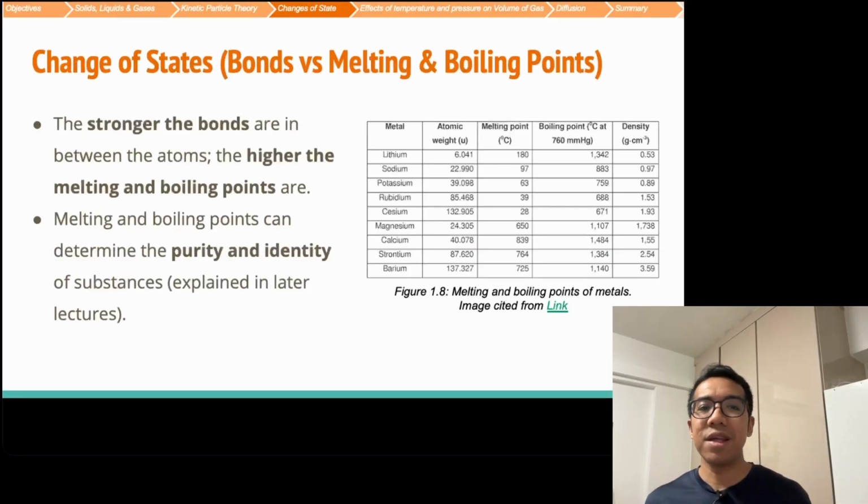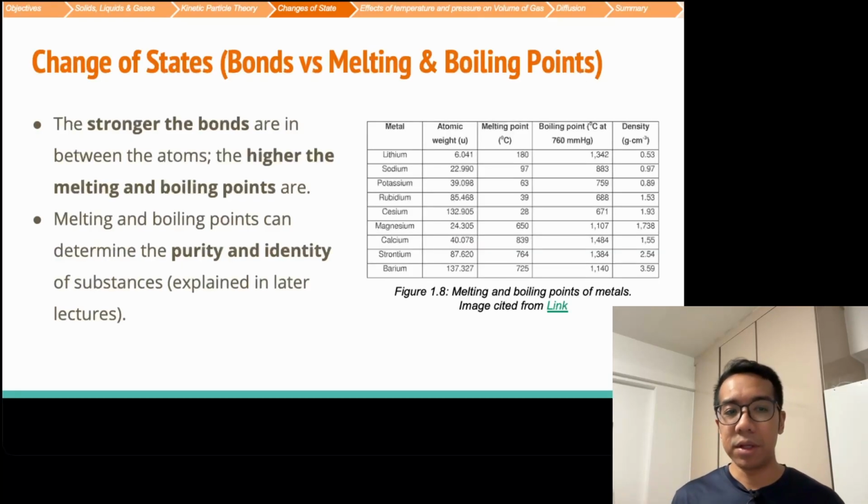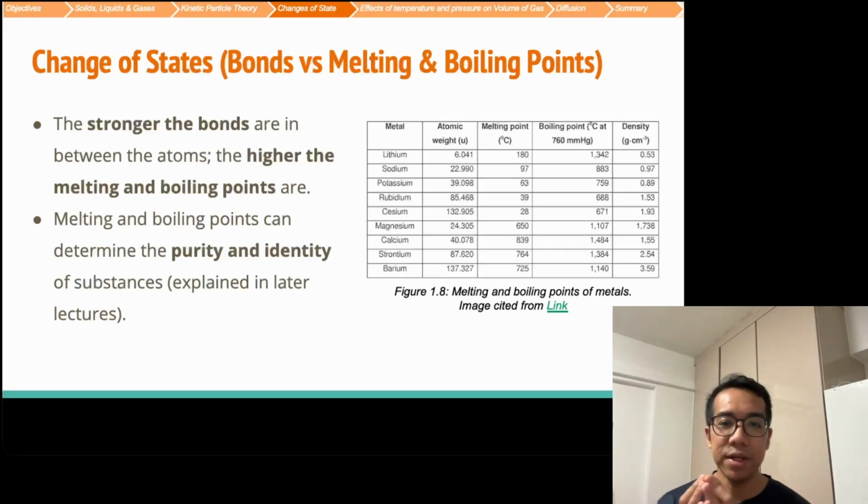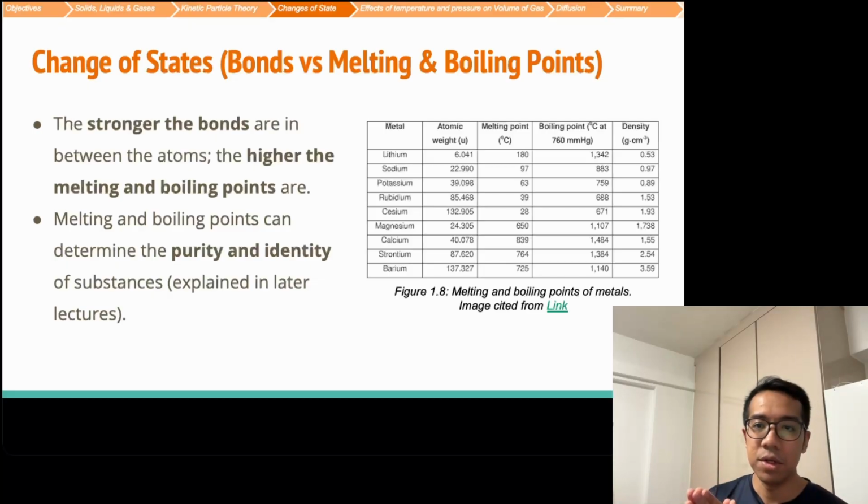Okay, so one key thing about boiling and melting points is that the stronger the bonds are between the tiny particles, the higher the melting and boiling points. It makes sense. If the forces itself is very strong between the particles, you will need more and more heat energy to convert it to kinetic energy, so that the particles can move faster and faster to break and overcome the forces of attraction.